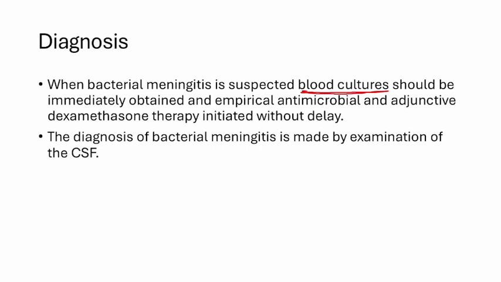After taking blood cultures, our goal is to administer the antibiotics within the first 60 minutes, I mean, as soon as possible. How is that possible? You just withdraw the blood sample for culture, and immediately you give antibacterials and adjunctive dexamethasone therapy. It is initiated without delay.